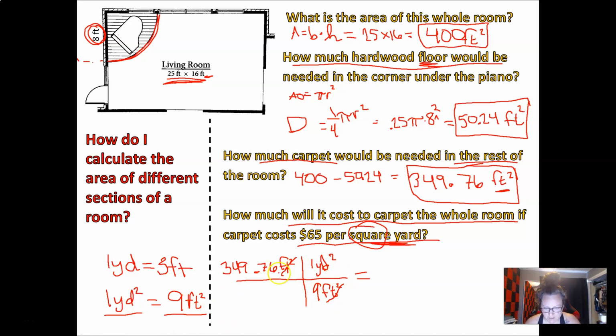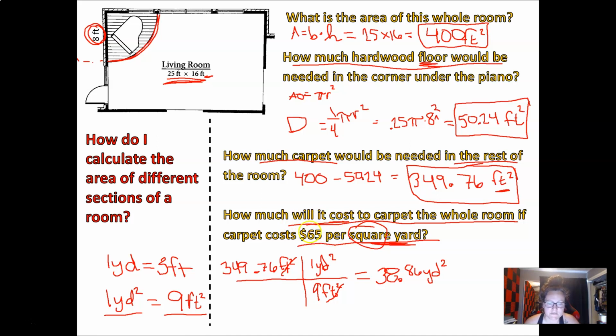I found it. Okay, so I take the top and divide it by the bottom. That gives me a total of 38.86 square yards. Okay, but then it asks me how much it's going to cost.